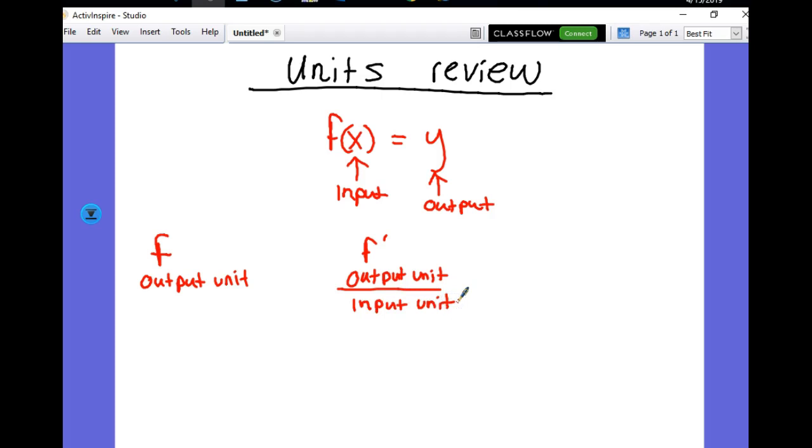And then whenever you have F double prime, you have an output unit over an input unit squared. So basically, as you guys can see, every time you take a derivative, you just add an input unit to the denominator, right?